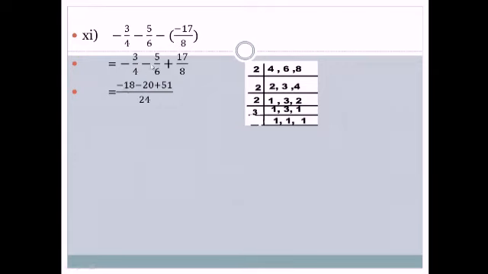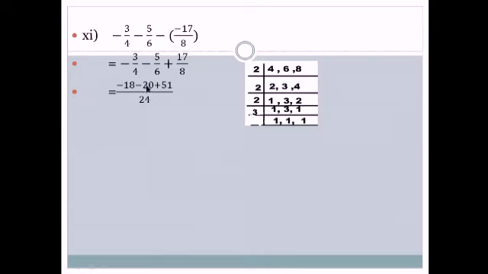Again, when you solve the second fraction, the LCM, this 24, divide by the second fraction denominator 6. 6 fours are 24. So answer is 4, and 4 you multiply with the same fraction numerator. 4 5s are 20.